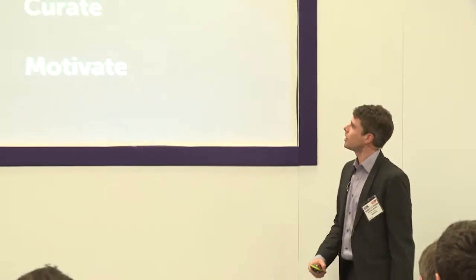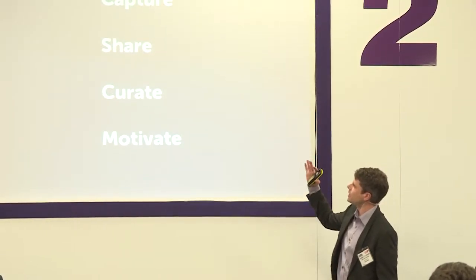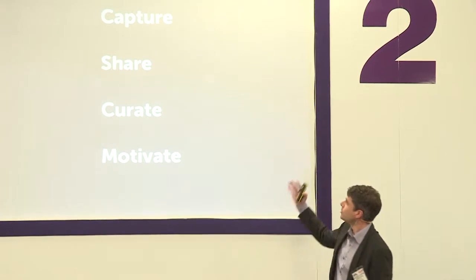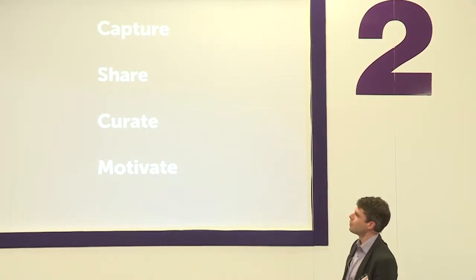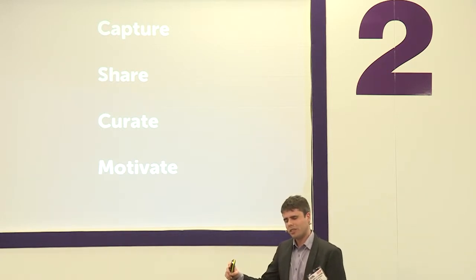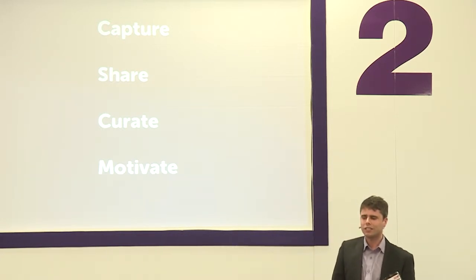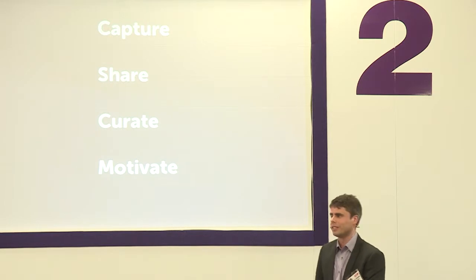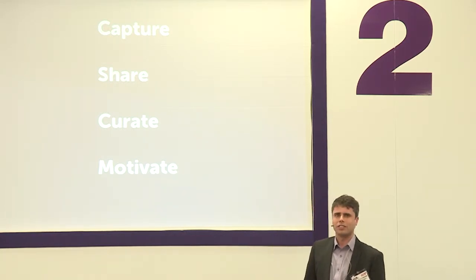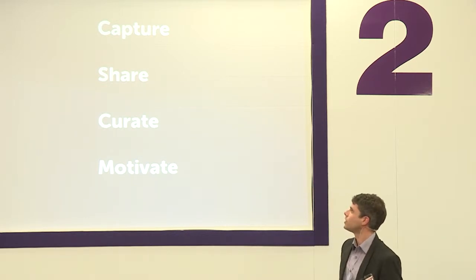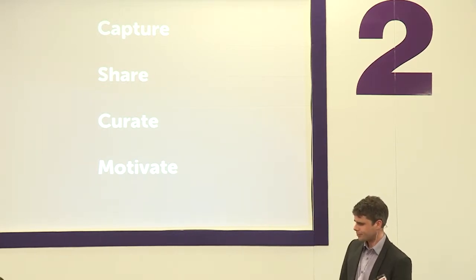So I'm just going to summarise the key points we've discussed today, and how technology can help. We've got the tin can API with the capture, we've got the sharing in Tesla happening, and then the critical bit, which turns just a social feed into something genuinely useful for the business, is the curation process. And we have the Open Badges adding the extra motivation through the system.